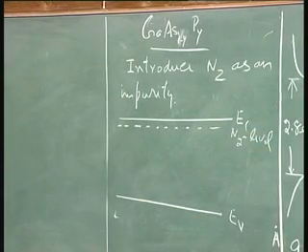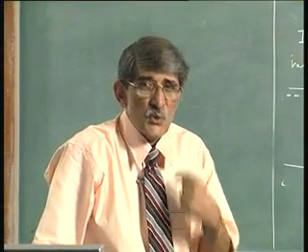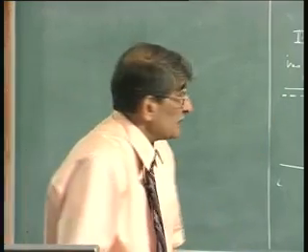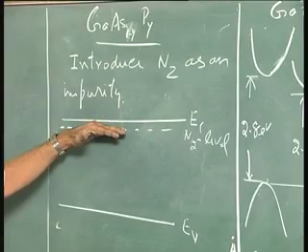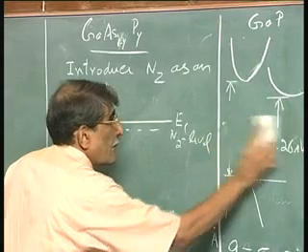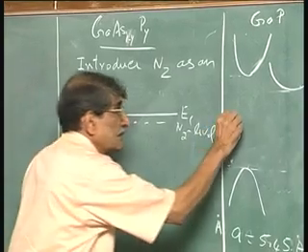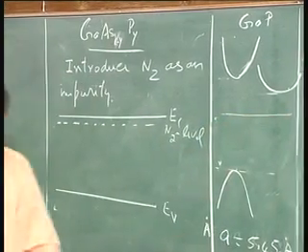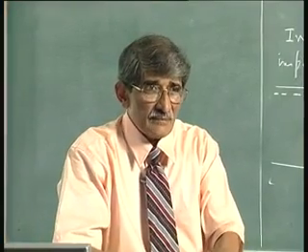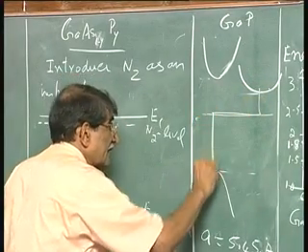Now, what will it do? If it is an indirect band gap semiconductor, you know that with a direct transition you can't have light emission across the band gap. But if I introduce a level here, what we are doing is introducing a level which has a diffused momentum, in the sense that it can capture the electron, destroy the momentum, then make a transition like this.